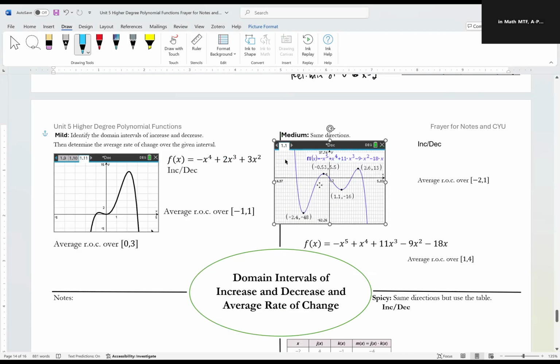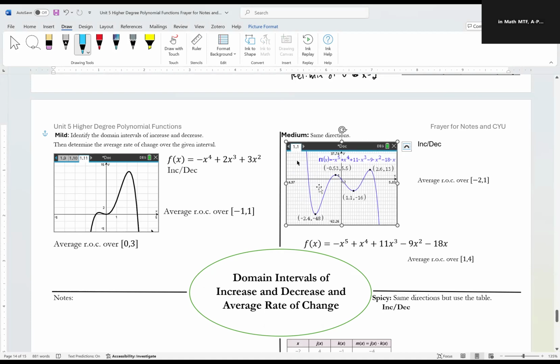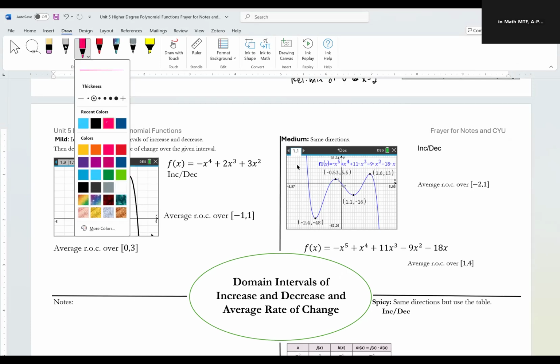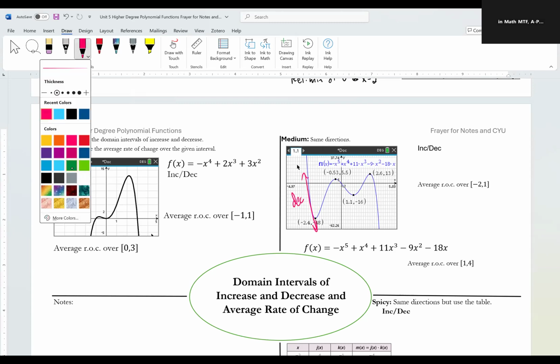And so this allows me to more clearly indicate that we are talking about decreasing in this region. That's not showing up super great. The slope of the tangent line here is negative, so that's decrease. Notice color coordinating can be really helpful.